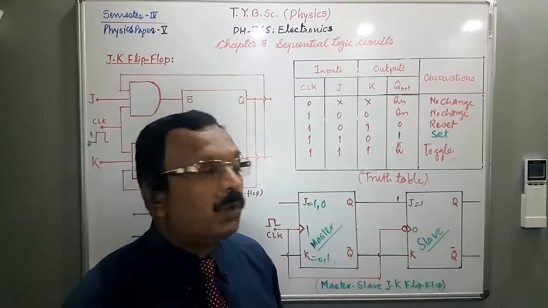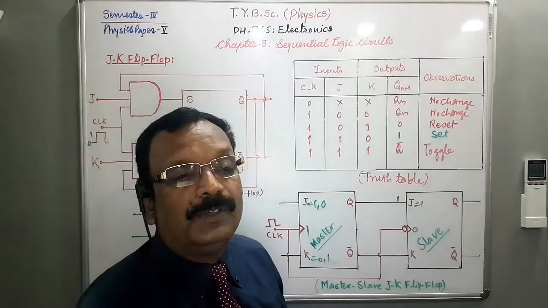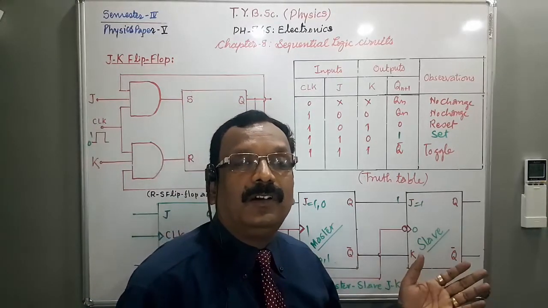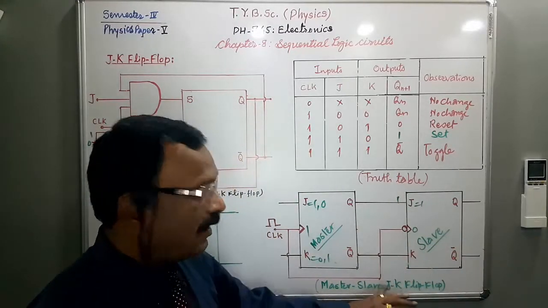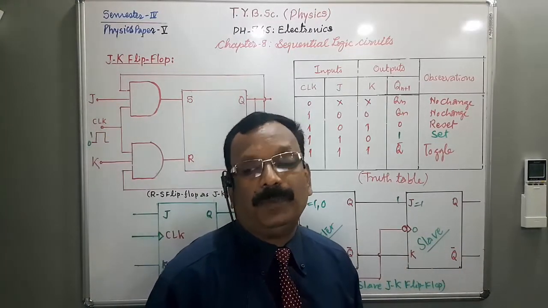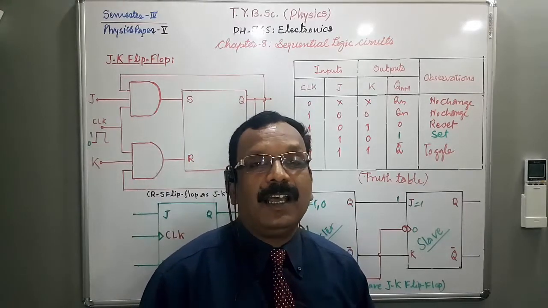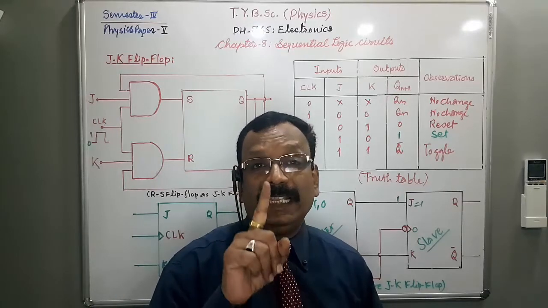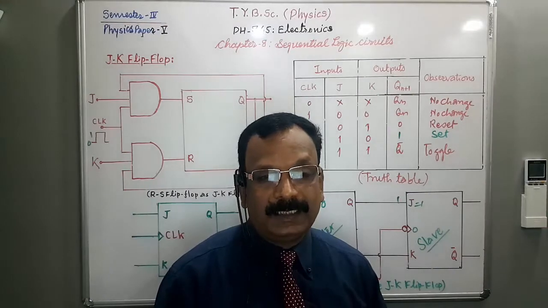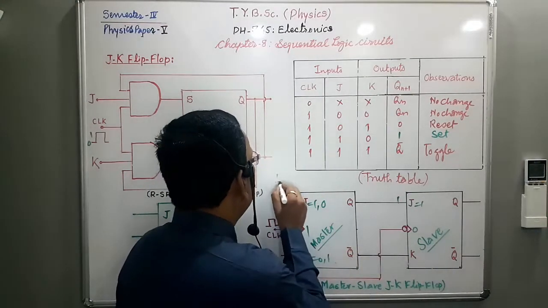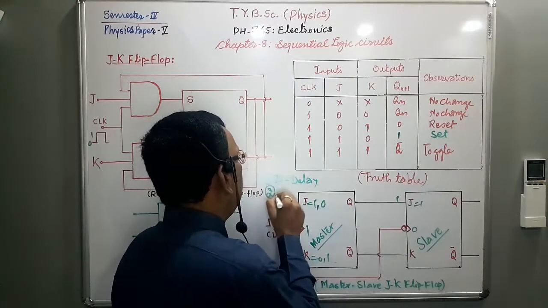In this way, we studied both flip-flops, first the JK flip-flop, which is derived from the RS flip-flop, and then we studied the master slave flip-flop in detail. In the next lecture, we will study another two types of flip-flop, that is the D flip-flop, D for delay, and the second one, the T flip-flop.